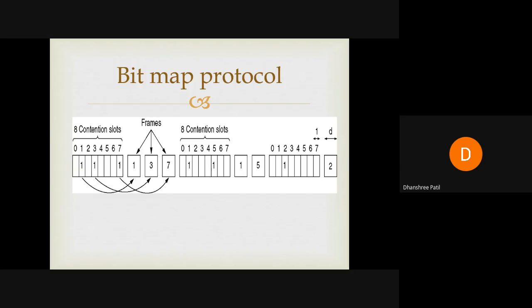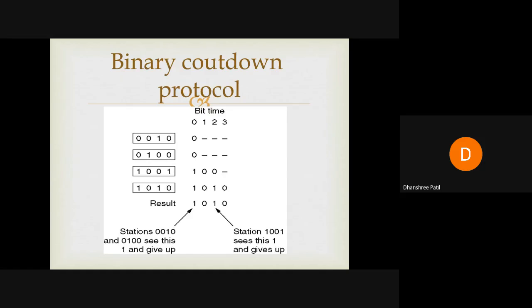Then the second protocol is the binary countdown protocol. How does it work? Let's see. First, there is one problem with the bitmap protocol: every station works on one bit only, so there is an overhead of one bit per station.